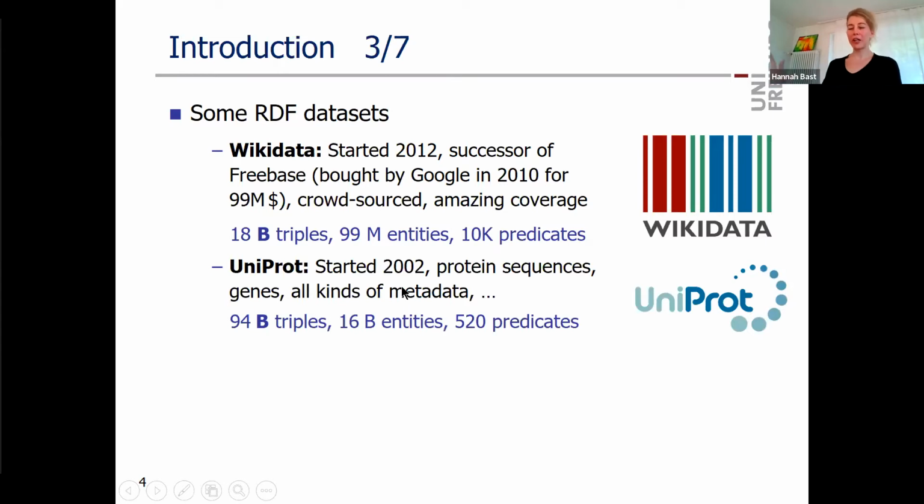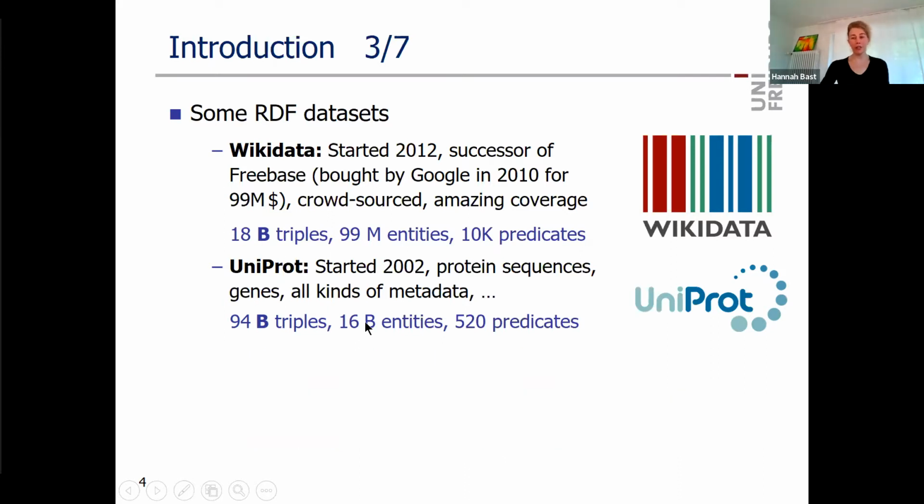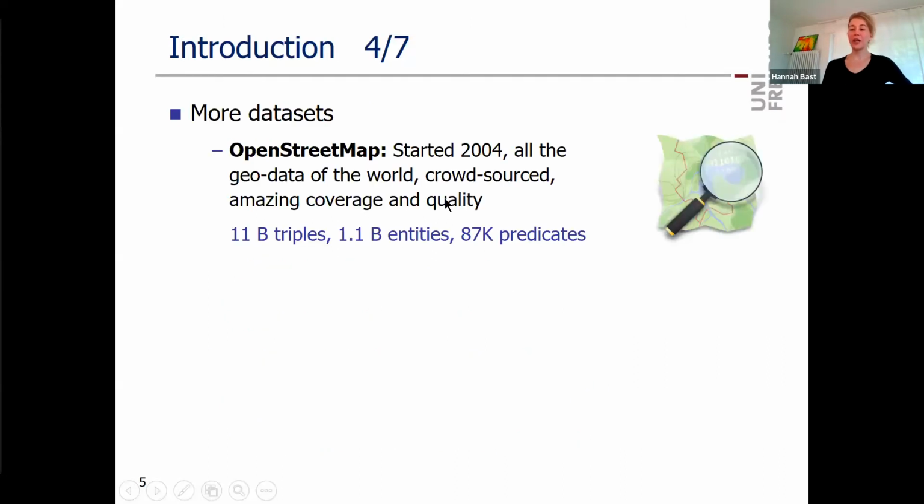UniProt is everything biology, proteins, 94 billion triples, that's just huge. There's a monthly build of the data set. So just building a new version of the data takes a month. There's PubChem, everything about chemistry, 124 billion triples. These are very well maintained data sets.